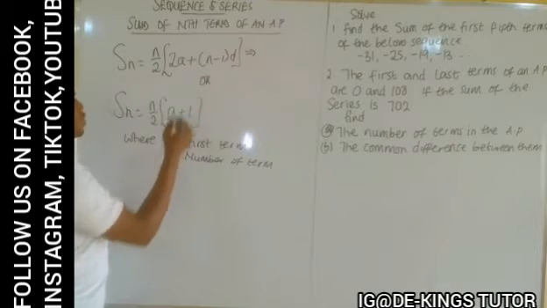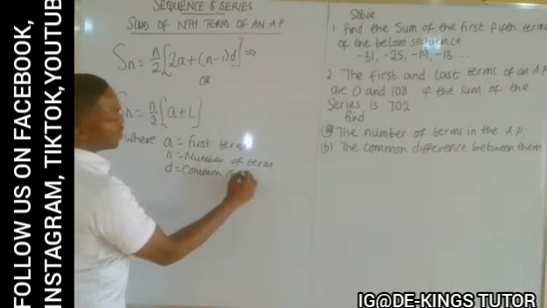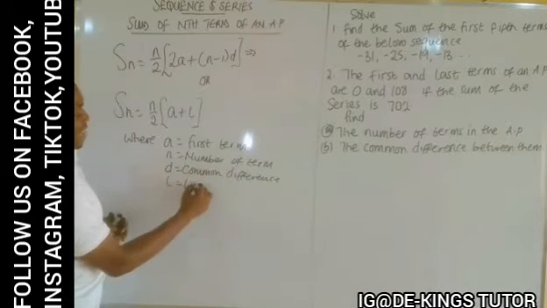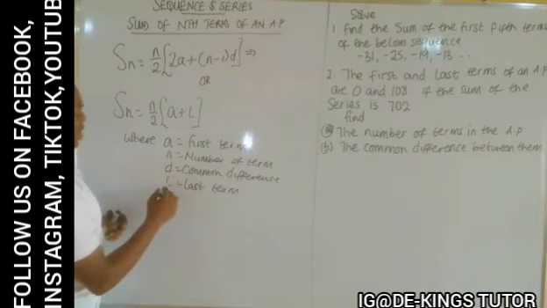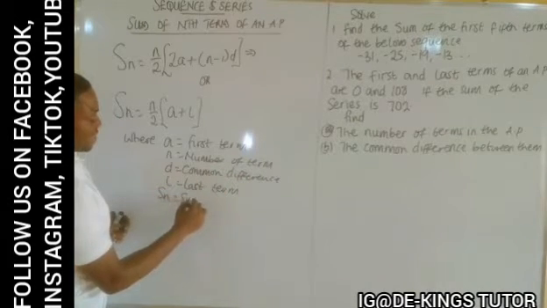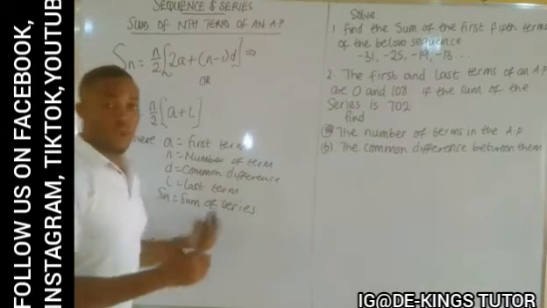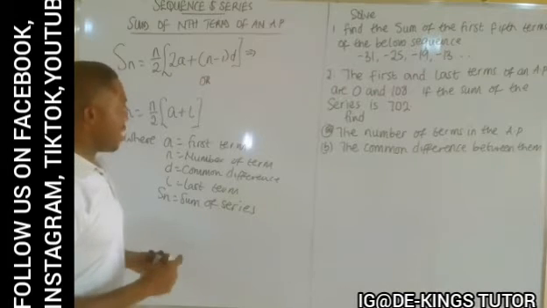We also have d as our common difference, l as the last term, and Sn as the sum of the series.